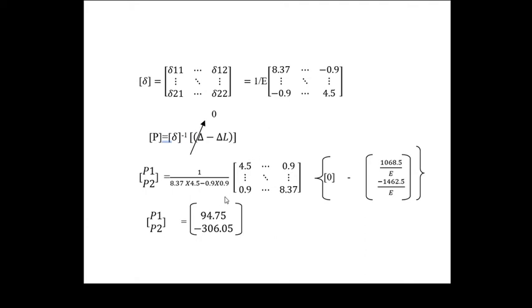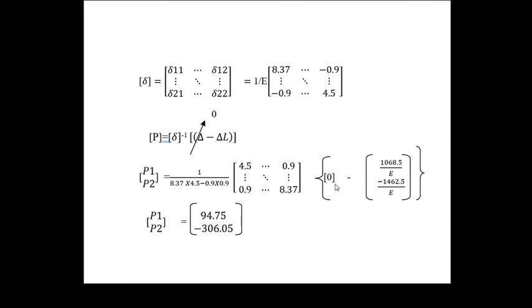Then we interchange 4.5 and 8.37, and the minus sign is kept by multiplying by minus 1, minus into minus gives plus. So we replace with plus: 4.5, 0.9, 8.37.